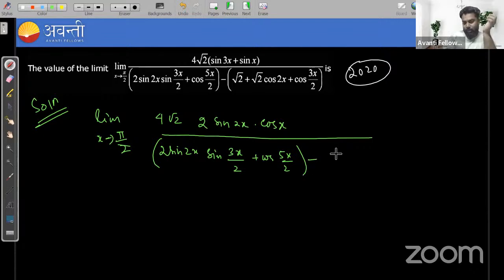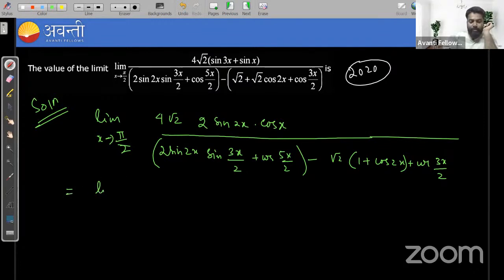If we take root 2 as common, then it will be root 2 into (1 plus cos 2x plus cos of 3x by 2), right? So this is my denominator.